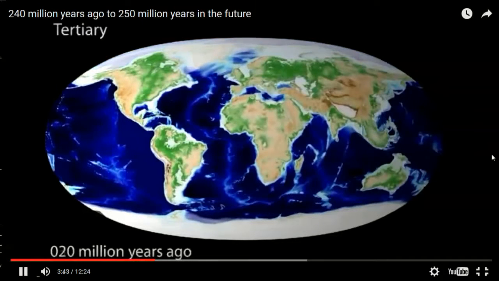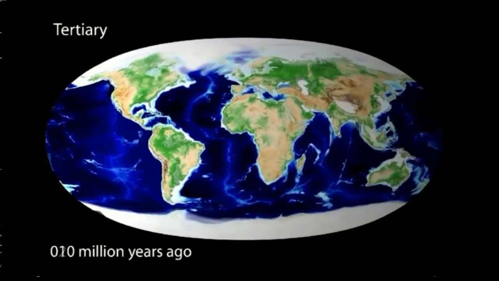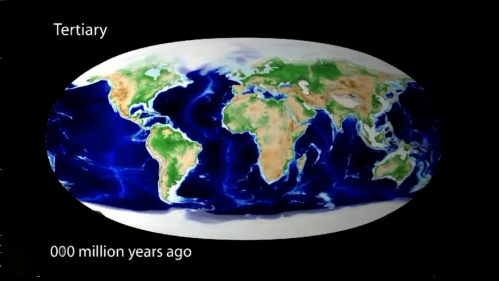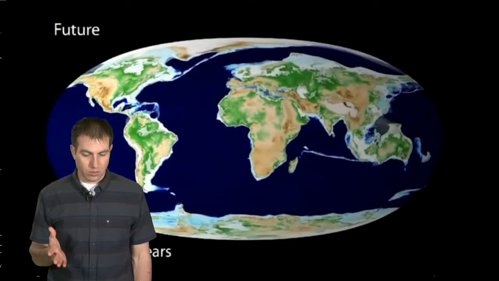20 million years ago. I mean, we're talking about absolutely immense time frames here, but you get the idea. So there you go, there's present day. Now, what's going to happen in the future if things keep moving at the rate they're going?